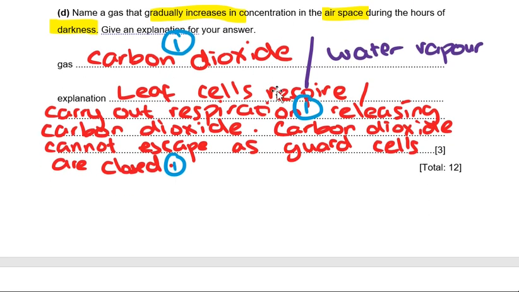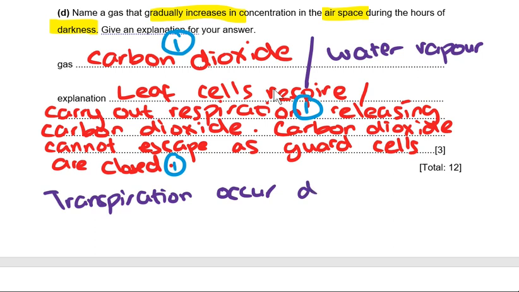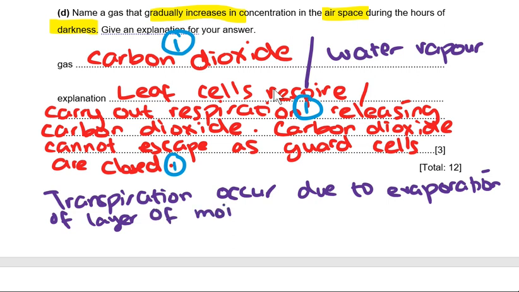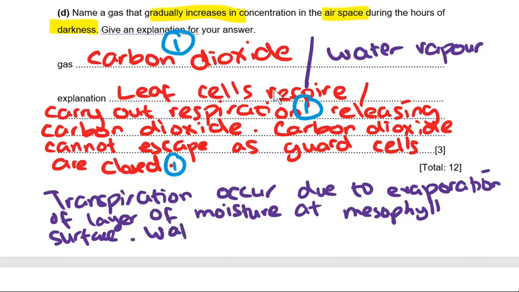So in the case of water vapor, what are we going to say is... sorry, I'm just going to write the same thing, it's just my handwriting. Water vapor, can't escape.